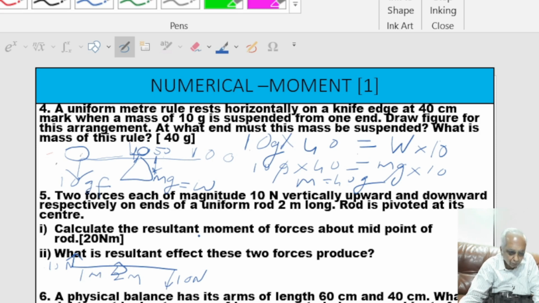Calculate the resultant moment of force about the midpoint. Taking moment about the midpoint, this force gives a clockwise moment, and this one also gives clockwise. Both forces give moment in the clockwise direction, each 10 multiplied by 1.